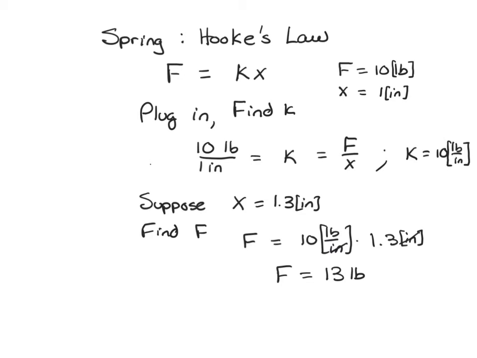Let's go to another. Or we can just plug in and see how things may vary. So back on Hooke's law, we would find the K. Let's say I have force equals B times V squared.